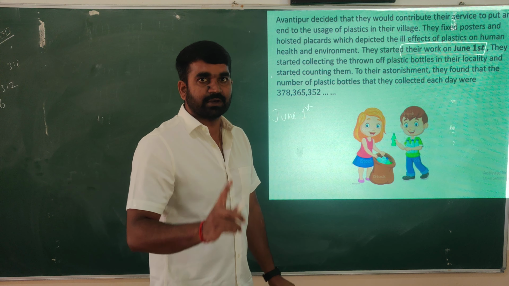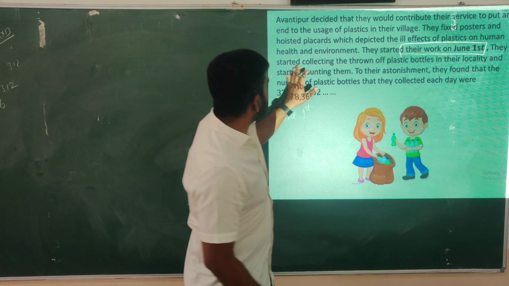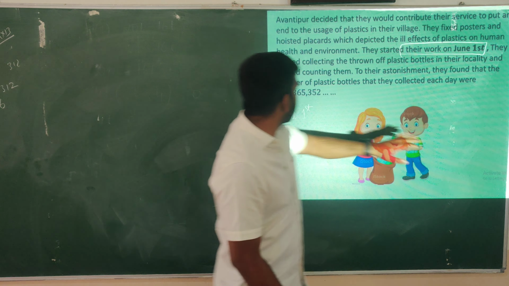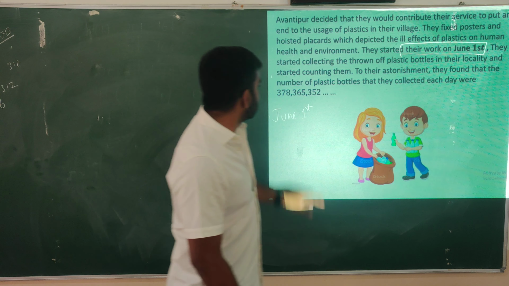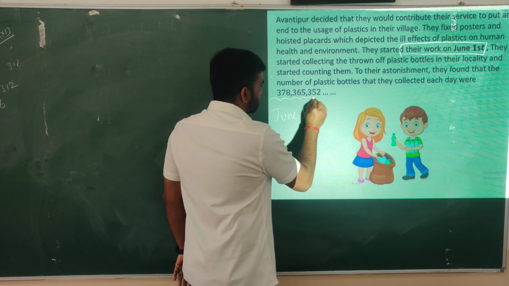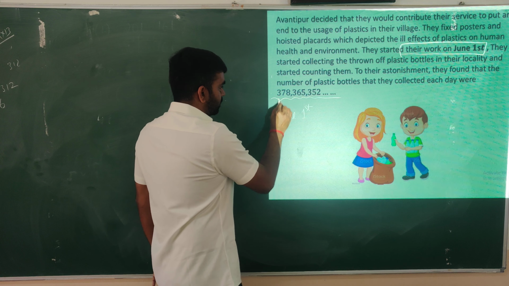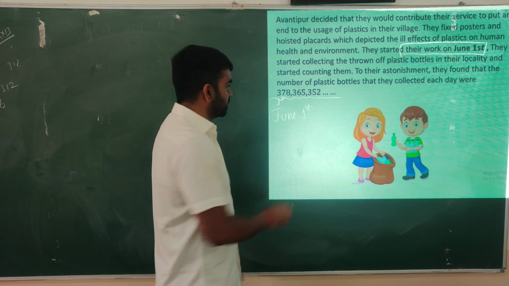June 1st is our A1, or n is equal to 1. They started collecting the thrown plastic bottles in the locality and started counting them. To their astonishment, they found that the number of plastic bottles collected each day are 378, 365, 352. It means on the first day, June 1st, they collected 378 bottles.